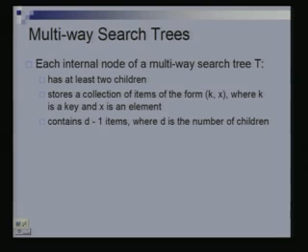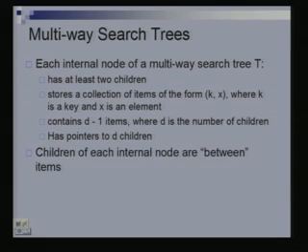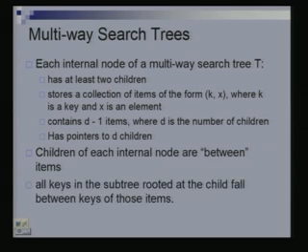Similarly, here we have d children. Then you really need to know in the search process whether you should go to the first child, the second child, the third child, the fourth child, and so on. So, you will have d minus 1 different keys sitting in the node to help you determine that. I will soon show you an example, and that should be clear with that. I think I will come back to this after I show you the example.